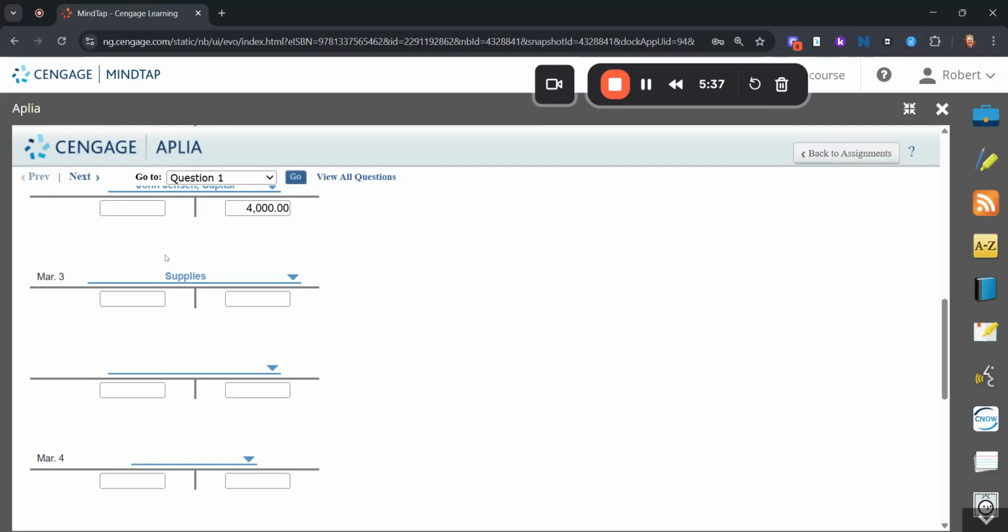So supplies is an asset. So the increase in asset goes on the left side under debit. So we'll put a $95 there. And then cash was paid out, so cash decreases. It goes on the right side.